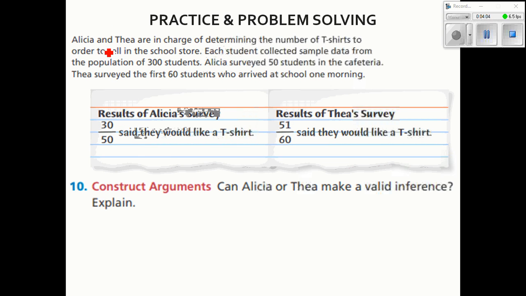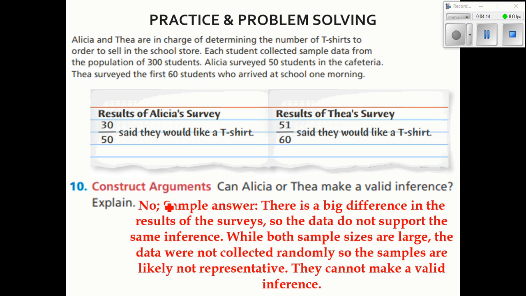Now it asks, can Alicia and Thea make a valid inference and explain? Well, no, they can't. There's a big difference in the results of the survey.